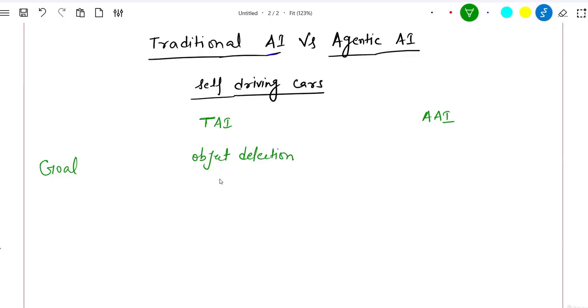But in agentic AI, the goal will be slightly bigger. The goal will be a combination of multiple things. So the goal could be here route navigation. The difference here is route navigation is basically taking a decision based on all these obstacles, taking a decision based on the weather condition, taking a decision based on the traffic, taking a decision based on the satellite data.